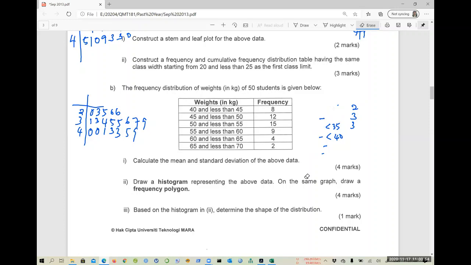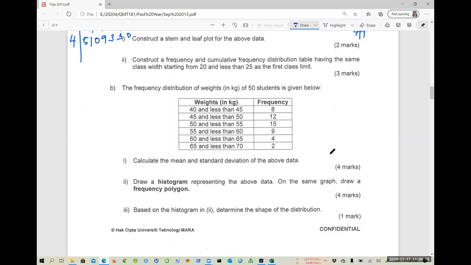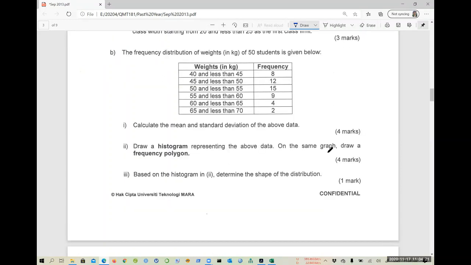Give me a moment to clear everything so that we have a clean sheet over here. Okay, let's do this.